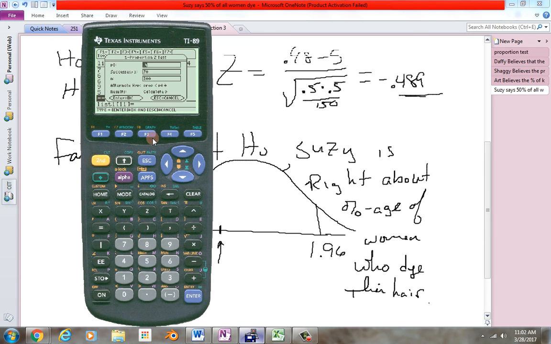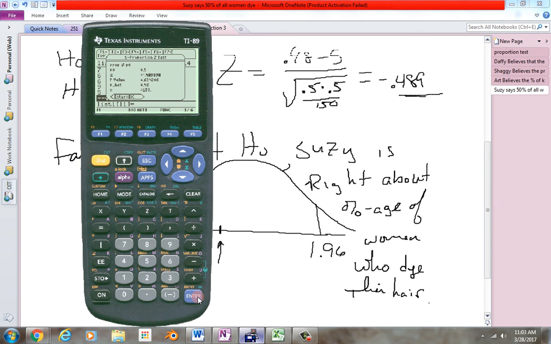We're saying 0.5 there. 72 goes here, right? And out of, again, 150. And it was a two-tailed test. So right here, we see we get a p-value of 0.62.